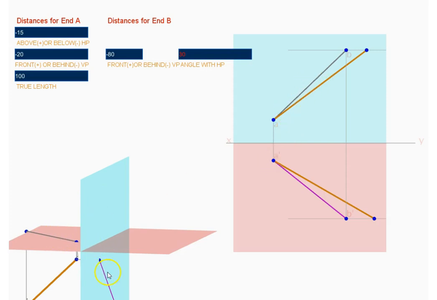So this is the top view, this is the front view. So naturally the positions are reversed here. Normally when it is in the first quadrant, the top view will be below and front view will be above XY, but here since it is in the third quadrant, it will be the reverse. So now let's look at how to construct this problem.